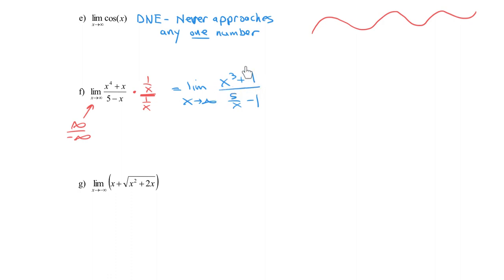The limit of the numerator is going to be infinity. Now the denominator, on the other hand, we can see that this 5 over x term will go to 0. So we are essentially going to have infinity divided by negative 1. So the limiting value of this is going to be negative infinity, right? We've got a positive divided by negative. So the limit of this expression as x approaches infinity is negative infinity.